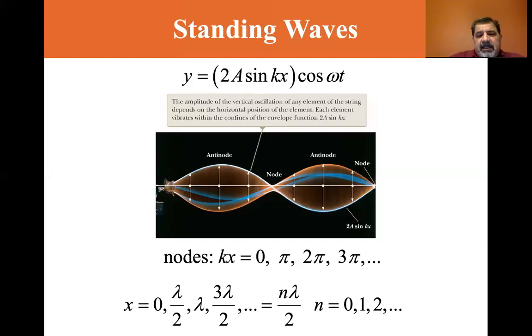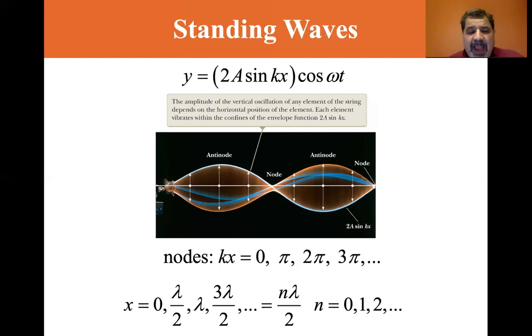So x is equal to 0, lambda over 2, lambda, 3 lambda over 2. In general, that's n lambda over 2, where n is equal to 0, 1, 2, and so on.